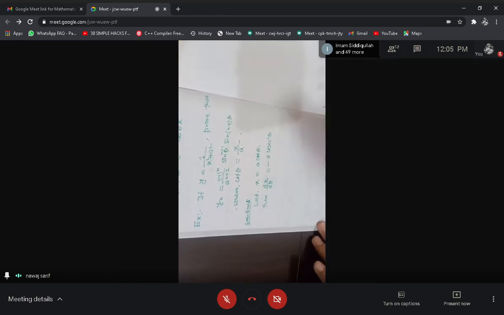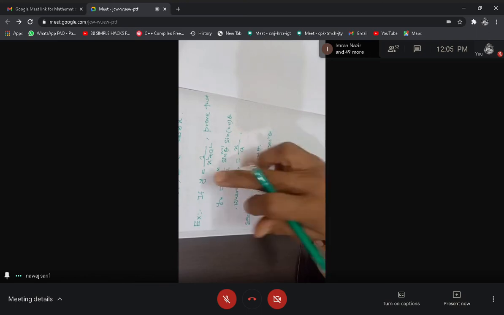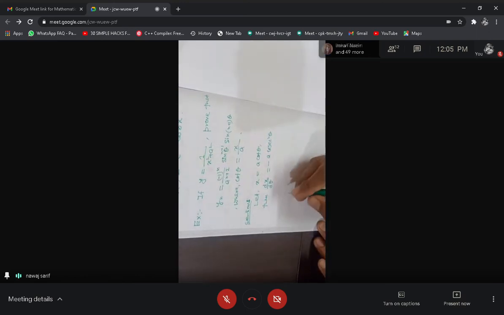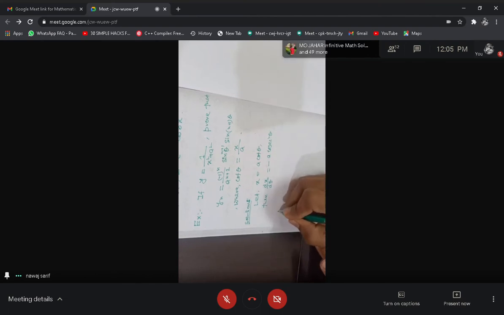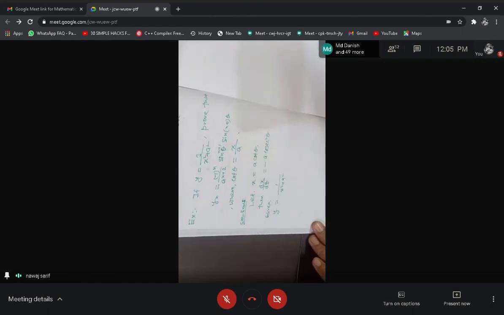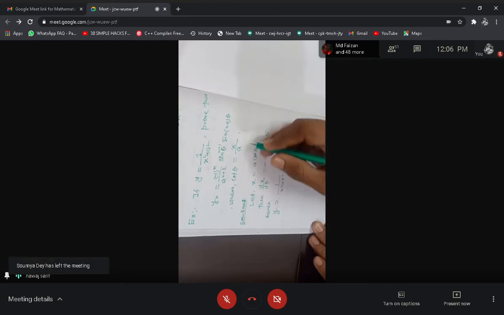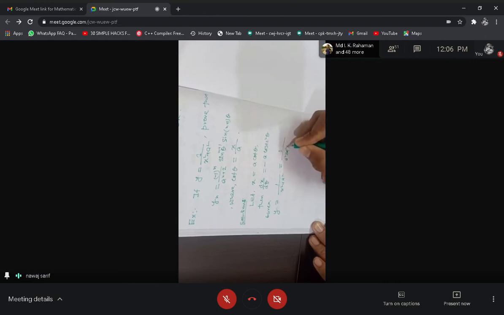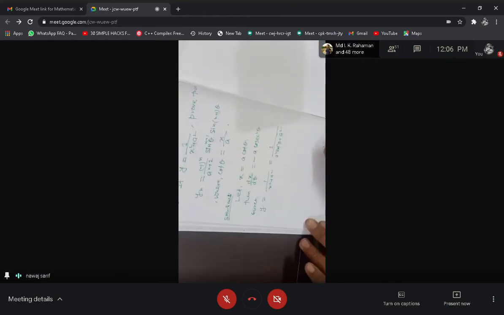And y is what? y is given as 1 upon x square plus a square. With x equal to a cot theta, this is 1 upon a square cot square theta plus a square.